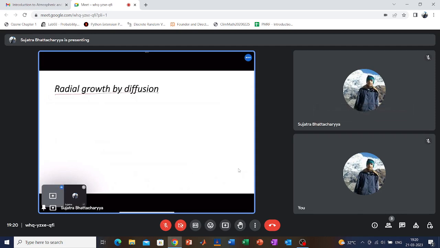Now for that, they have used the Clausius-Clapeyron equation, which we know relates the saturation vapor pressure at any temperature to that temperature. So suppose we have some saturation vapor pressure.